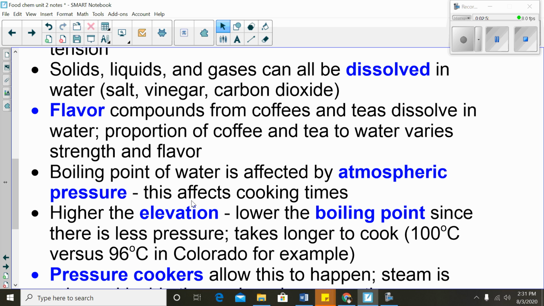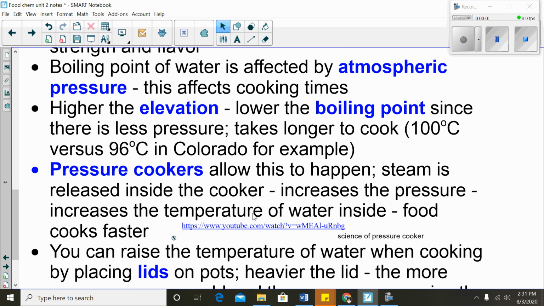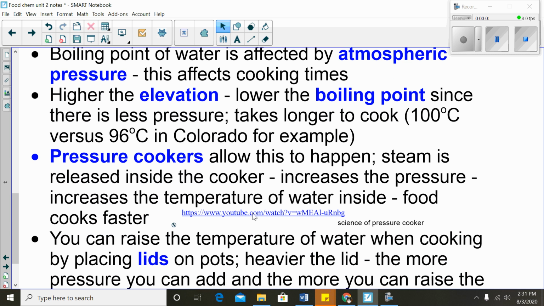The boiling point of water is affected by atmospheric pressure, and this affects cooking times. So the higher the elevation, the lower the boiling point, since there's less pressure. But this means that it takes longer to cook your foods. So here in Chicago, water boils at 100 degrees Celsius versus 96 degrees Celsius in Colorado, which is a higher elevation, for example.